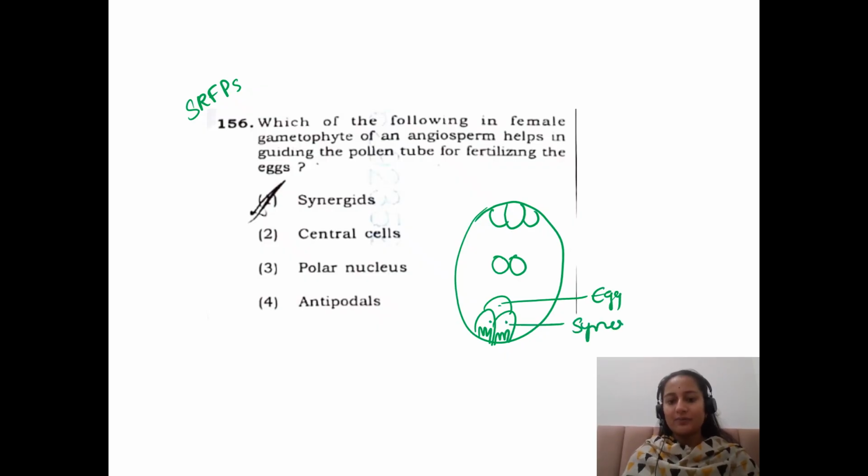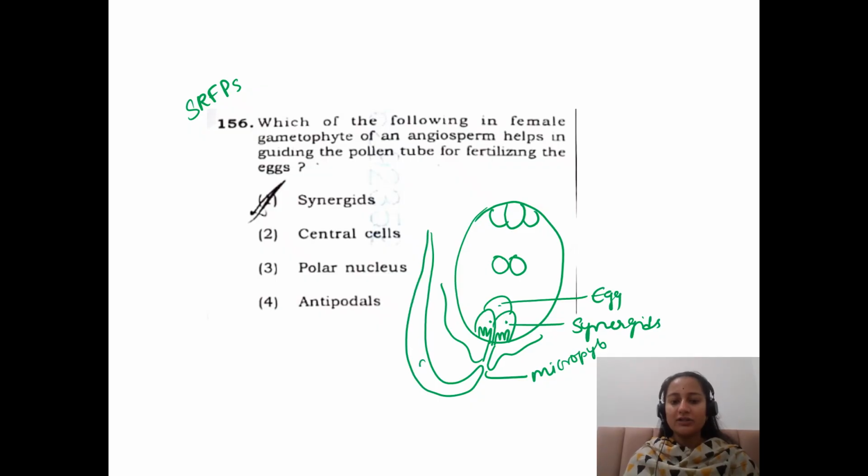These two are the synergids. Near to this is the entry, the micropyle, through which the pollen tube will enter, carrying the gametes. Synergids guide the pollen tube to fertilize the egg as well as the central nuclei. So it will be the synergids.